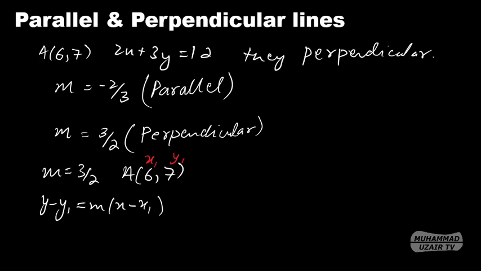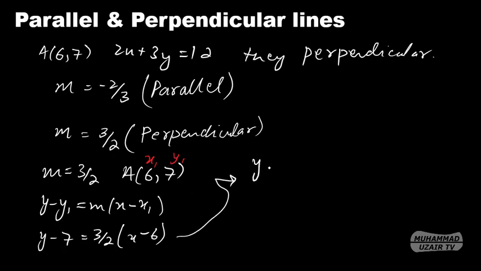By simply putting in the values, y minus 7 is equal to 3 divided by 2 into x minus 6. So we will get y minus 7 is equal to 3 divided by 2 x minus 9.